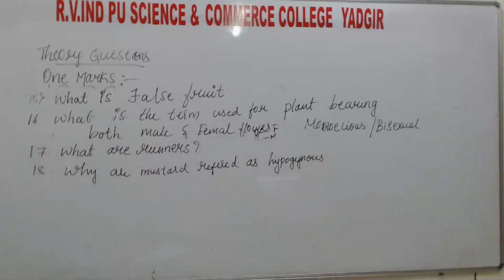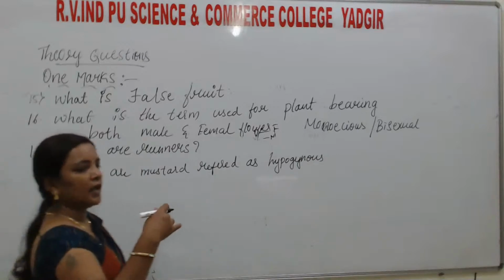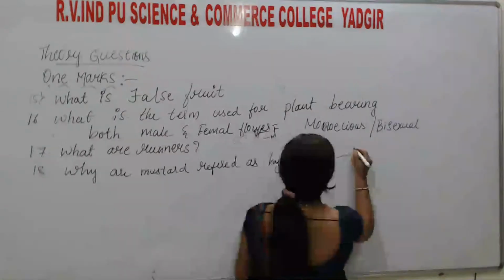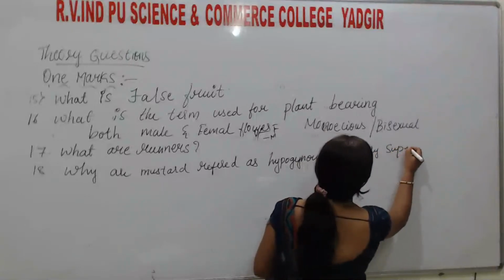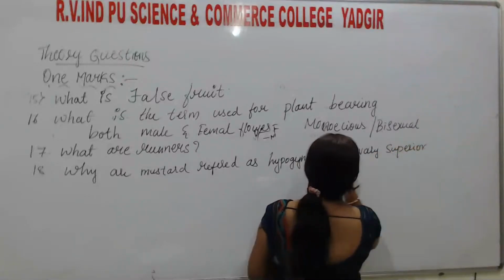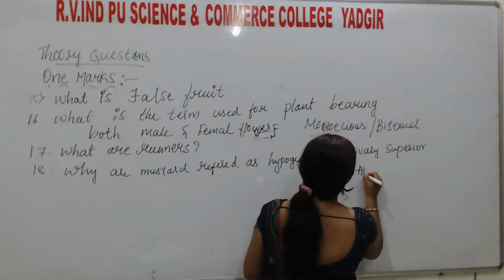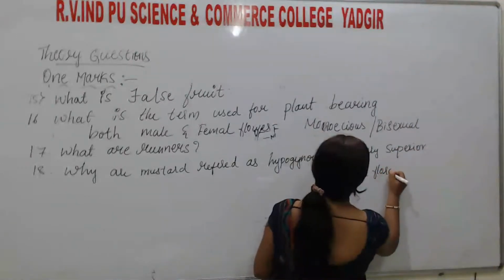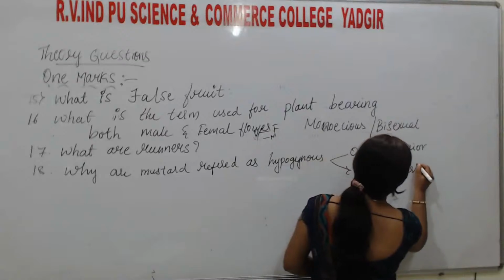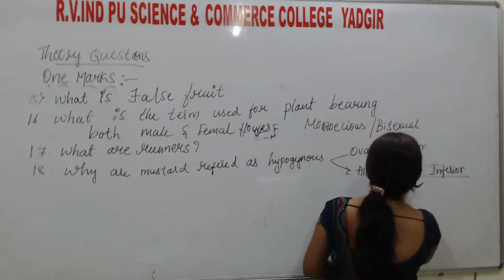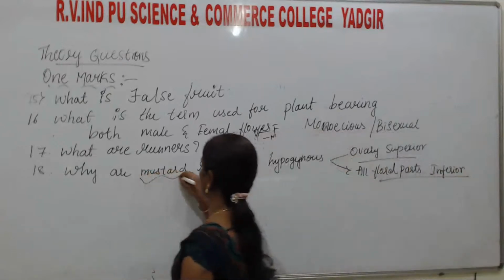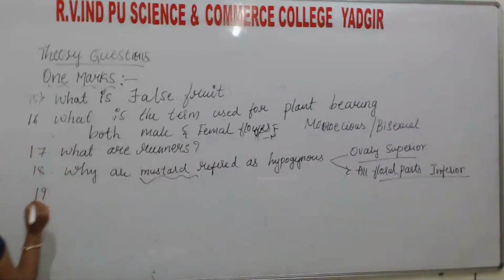According to hypogynous, the ovary is superior and all other floral parts are inferior. Hence, this example is mustard. Mustard is showing the hypogynous condition.